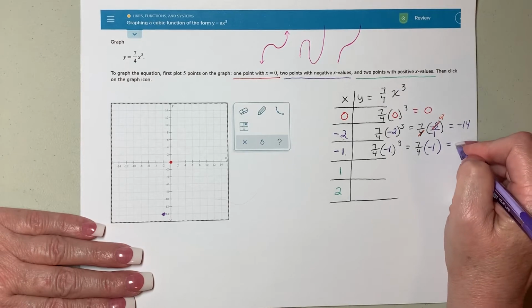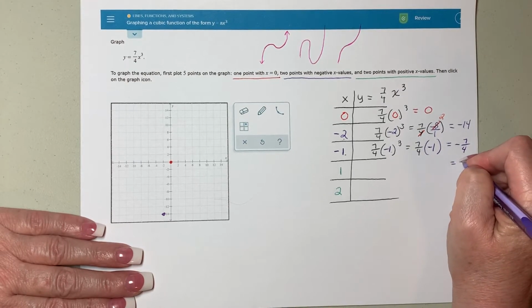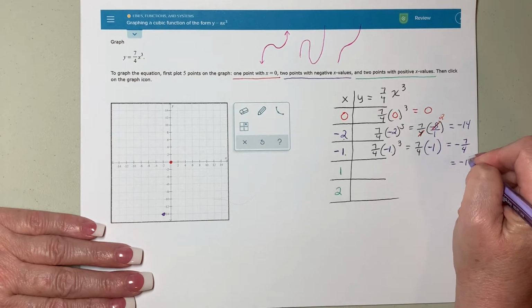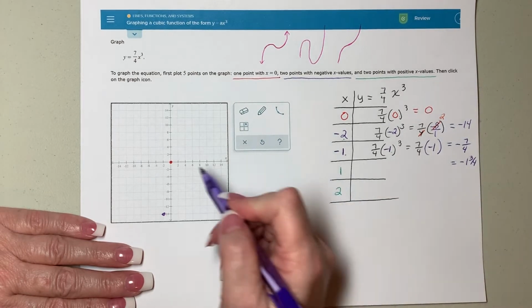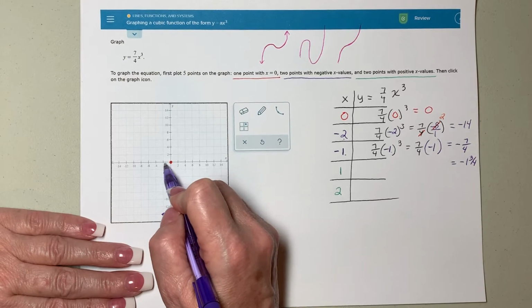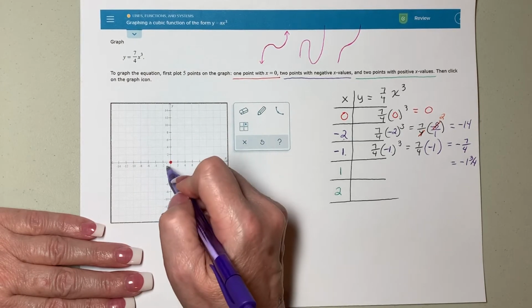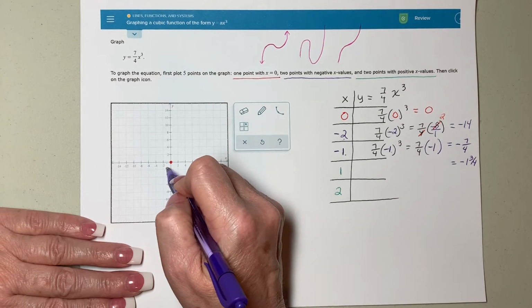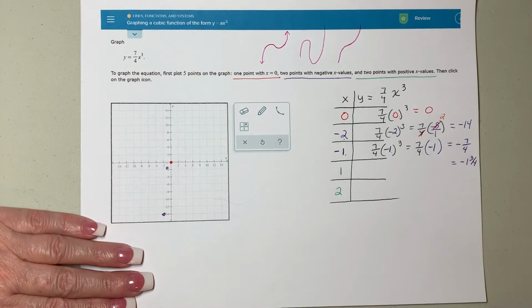And 7/4 times -1 is -7/4, also known as -1 3/4. Now if I'm doing this by hand, I get to use what they call the old eyeball method. I'm gonna go -1 to the left, which would be halfway in between, and then down 1 3/4, which puts me right about there-ish. That looks pretty good-ish to me.